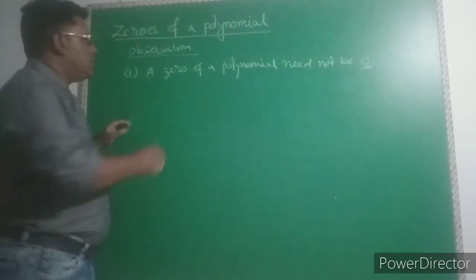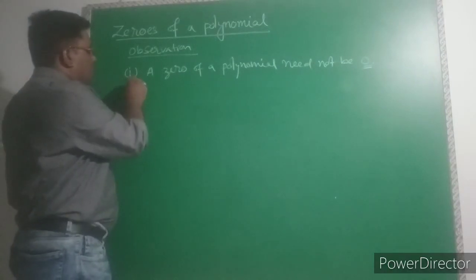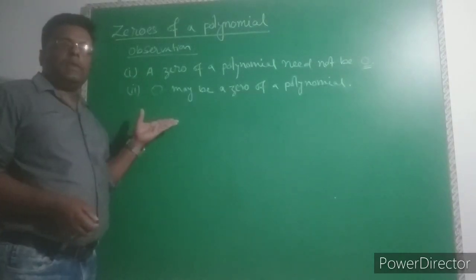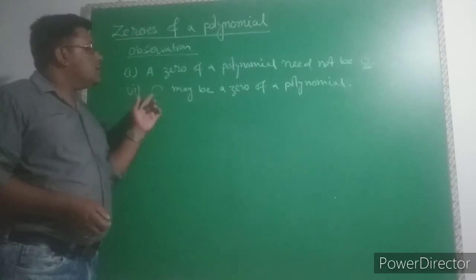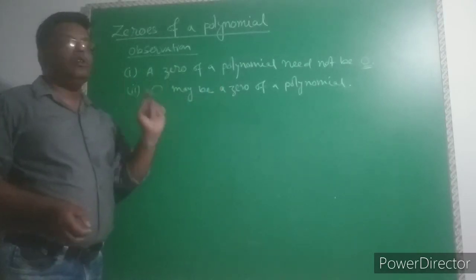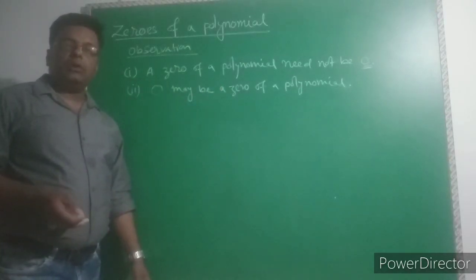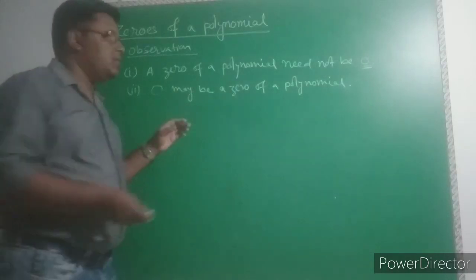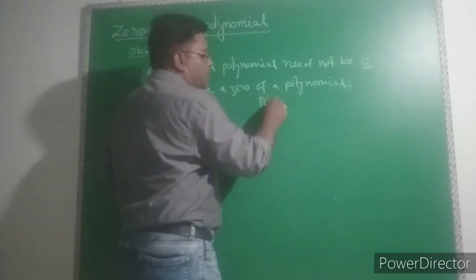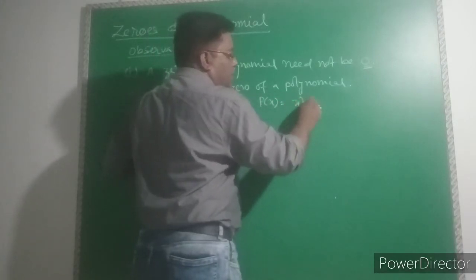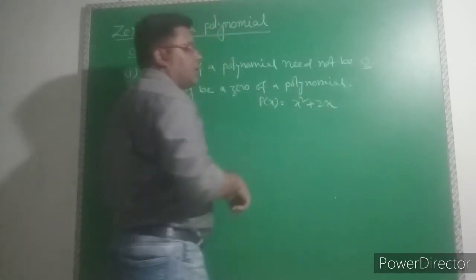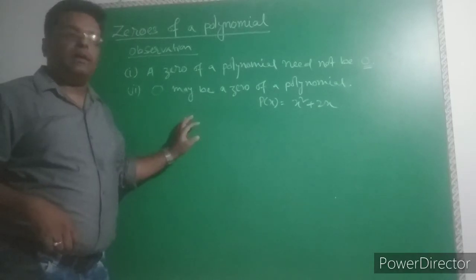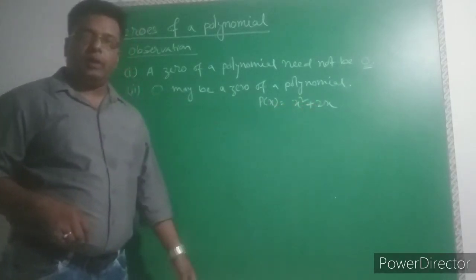Next, observation number 2: 0 may be a zero of a polynomial. For some polynomial, the zero may be 0. Suppose we take p(x) equal to x square plus twice x. X square plus twice x is a polynomial.